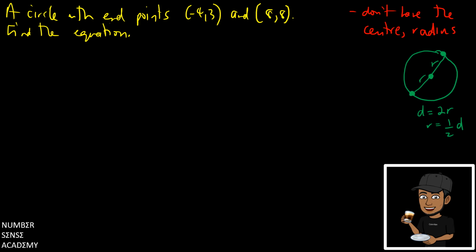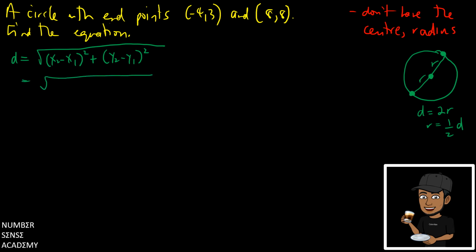So the distance formula is the square root of x2 minus x1 squared plus y2 minus y1 squared. So let's go x1, y1, x2, y2. So I have 8 minus -4, which is going to give me 8 plus 4 squared. And then I have 8 minus 3 squared.